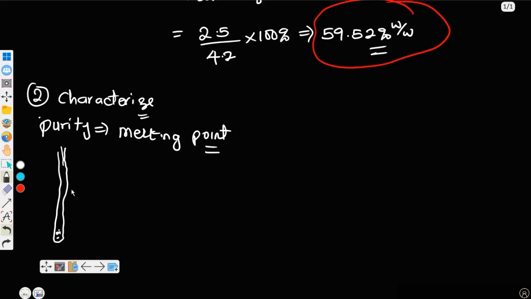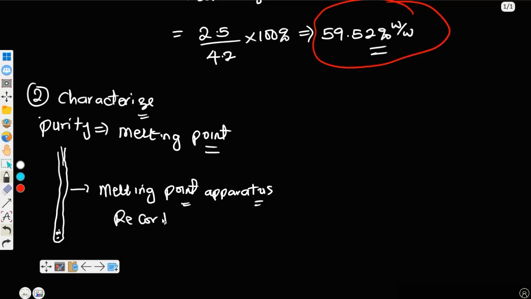Then you take it to the melting point apparatus. After you take it to the melting point apparatus, first of all, record the initial temperature of the apparatus.